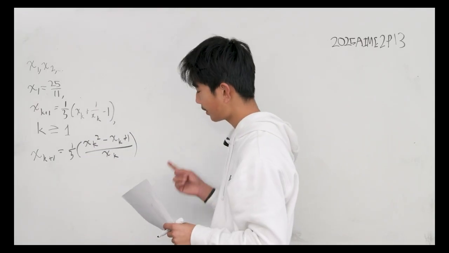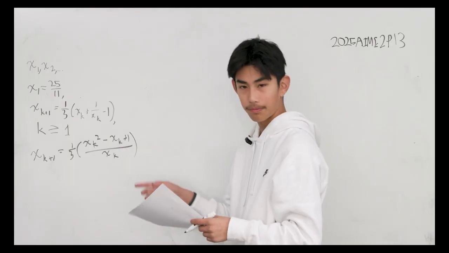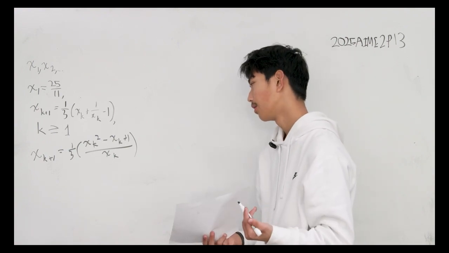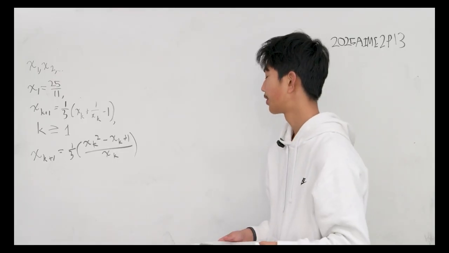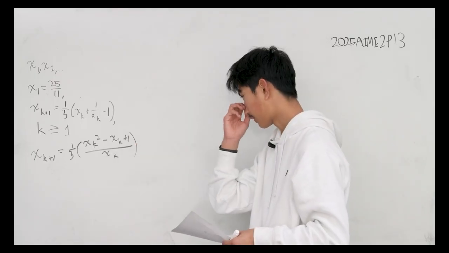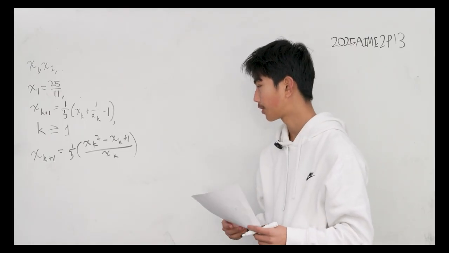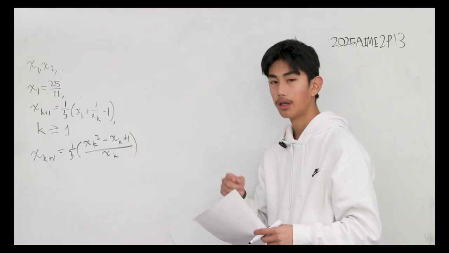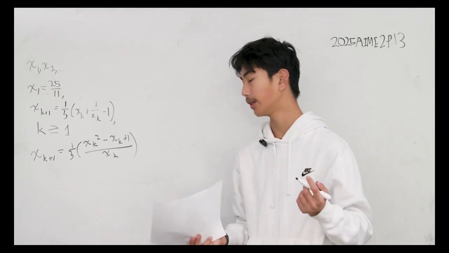Now we realize in this case, this is the top. It looks like a familiar form, right? And it's familiar because this is the form of one of the factors of a cubic polynomial. So if you multiply this by x sub k plus 1, all of that just cancels out to x sub k cubed plus 1.